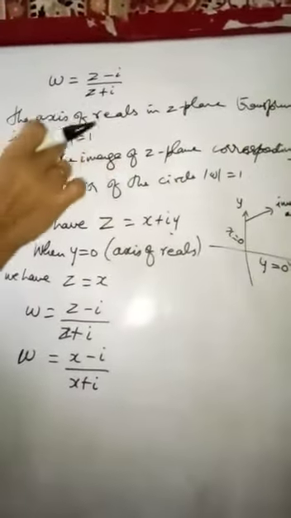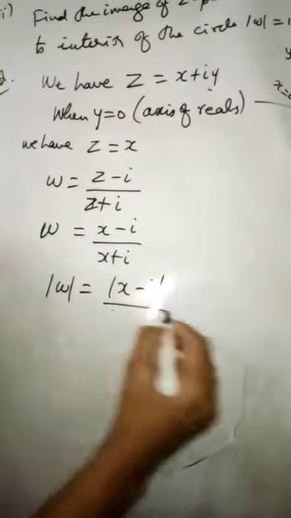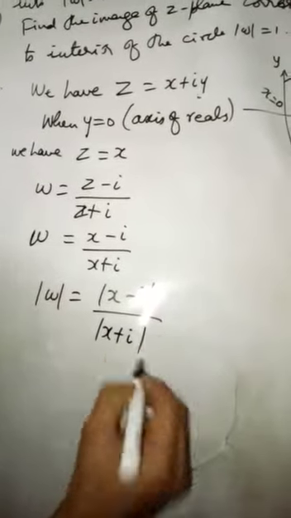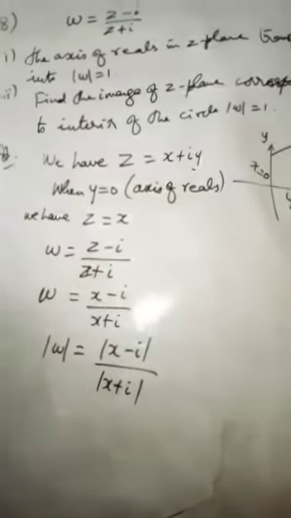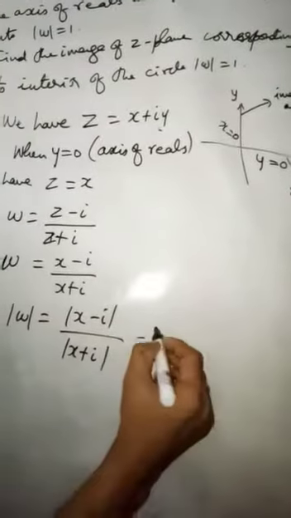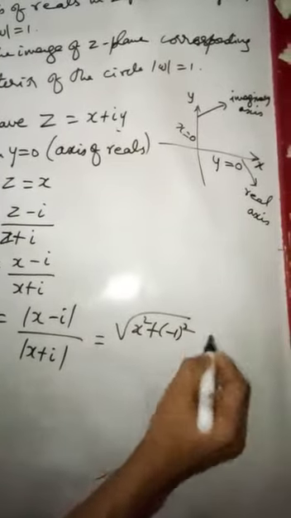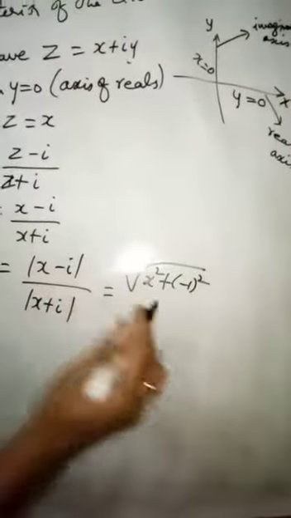Now we want to prove mod omega equal to 1 in the omega plane. So apply modulus on both sides, on the numerator and denominator separately. The modulus of x minus i is the square root of x square plus y square, where the coefficient of i is minus 1.